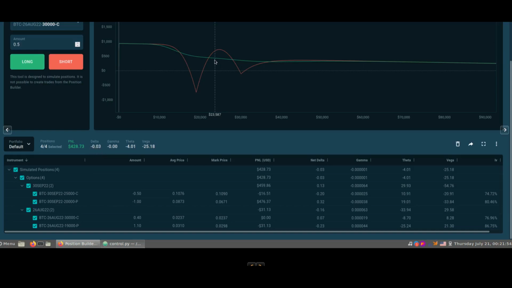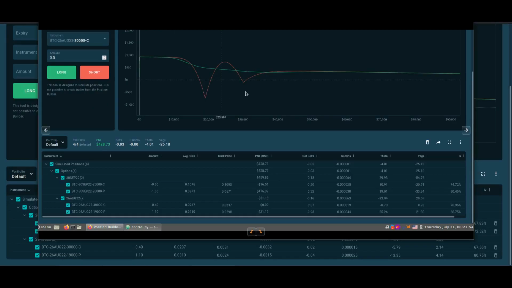That means it doesn't matter to which side the underlying asset goes, we will be at about zero profit. So basically all we need is to get volatility lower and lower and lower, so to get a calm market.